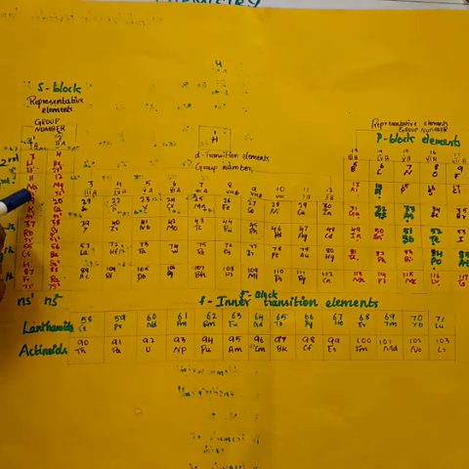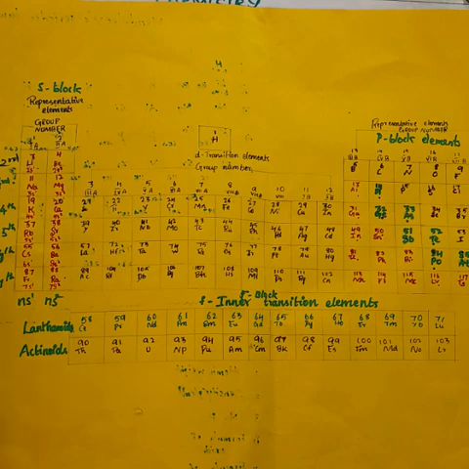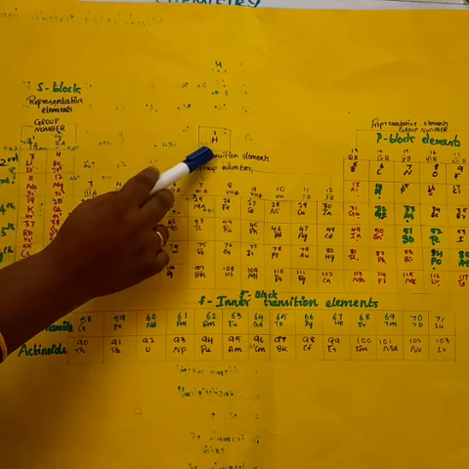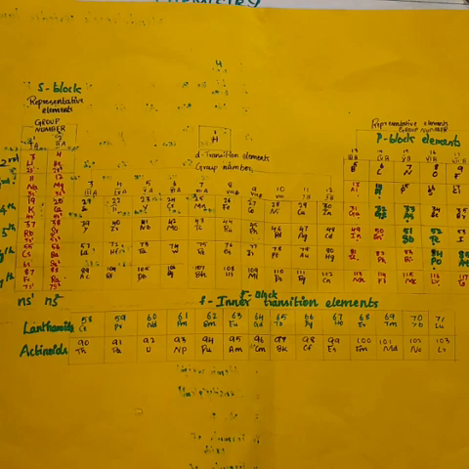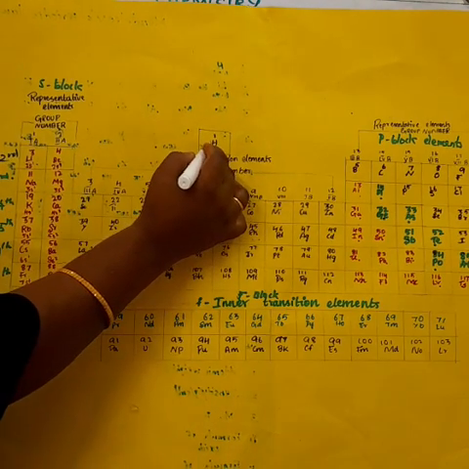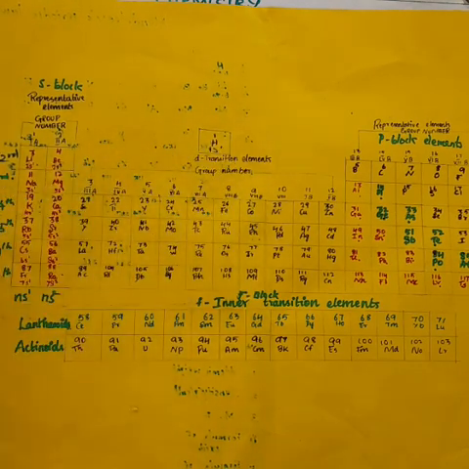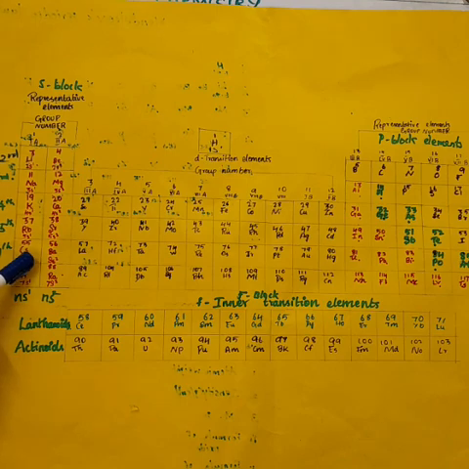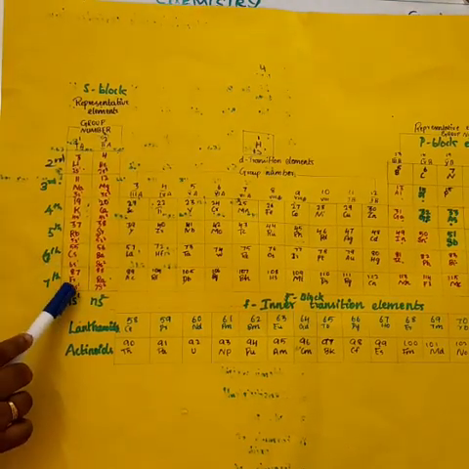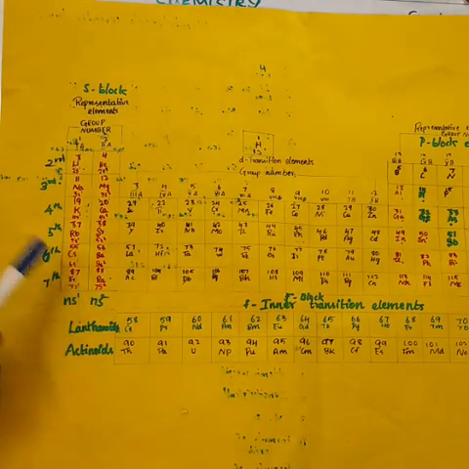For example, the first period starts from 1s1. The second period starts from 2s1, the third period from 3s1, the fourth from 4s1, the fifth from 5s1, the sixth from 6s1, and the seventh from 7s1.